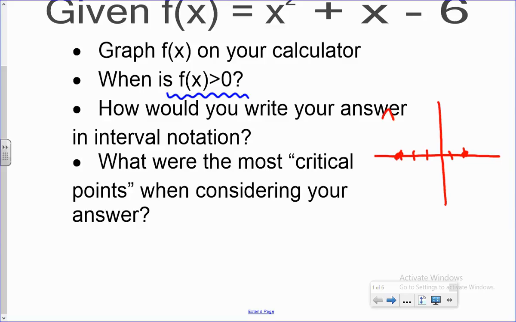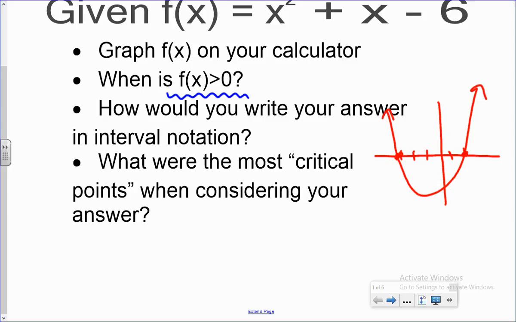Do you agree that your graph looks like this? Okay. When is f of x greater than 0? What can you tell me? When is this function greater than 0? What would we be looking for on the graph?